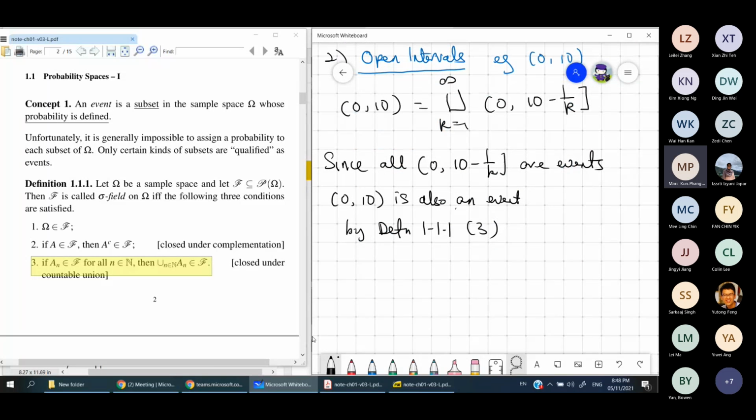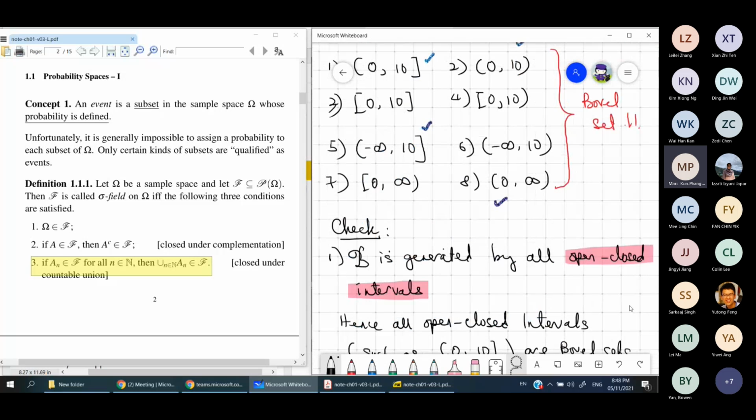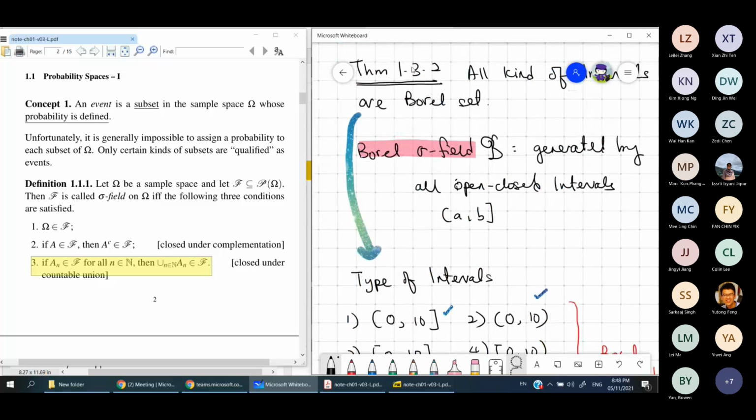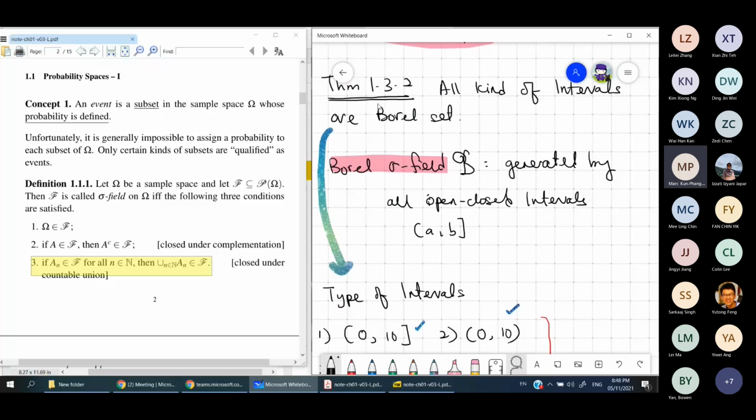Doctor, you started the explanation by saying that all intervals are Borel sets. So what is it in point number 2? It's a Borel set, I mean... No, I'm not beginning with this. I'm now actually proving this. I'm trying to explain Theorem 1.3.2, why all kinds of intervals are Borel sets. Borel set means events.